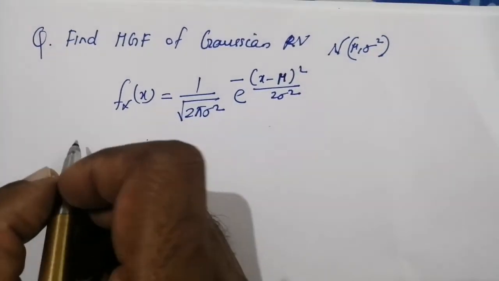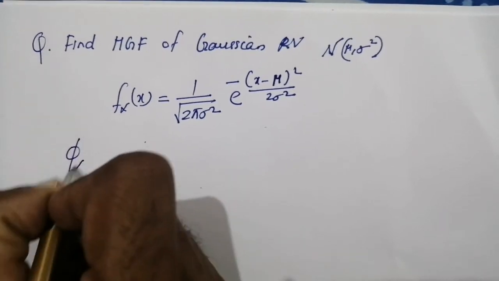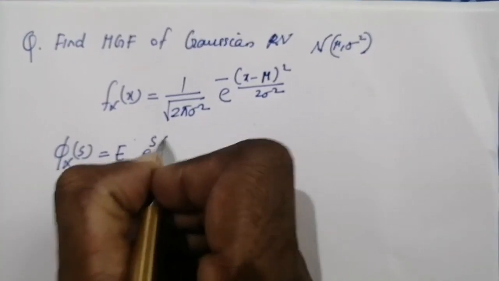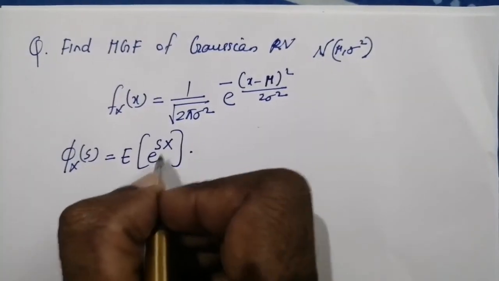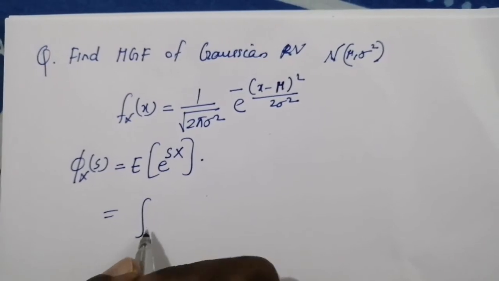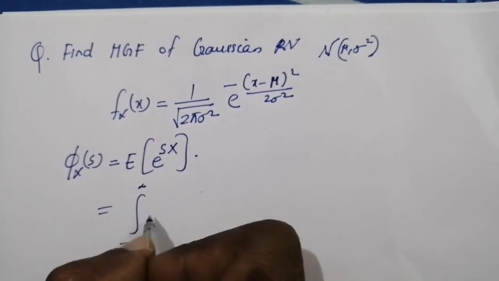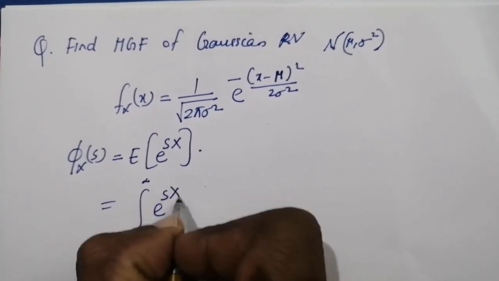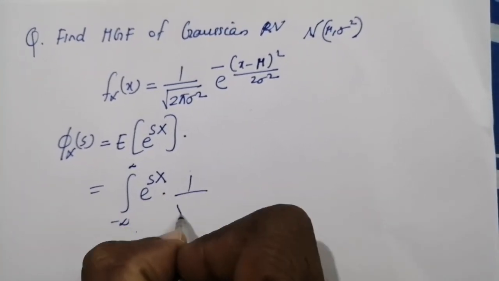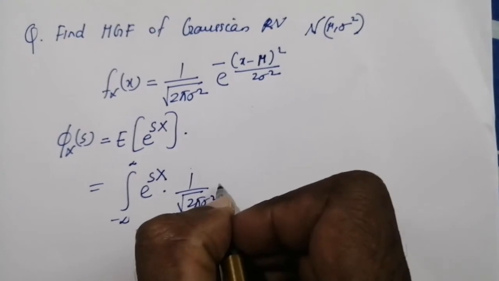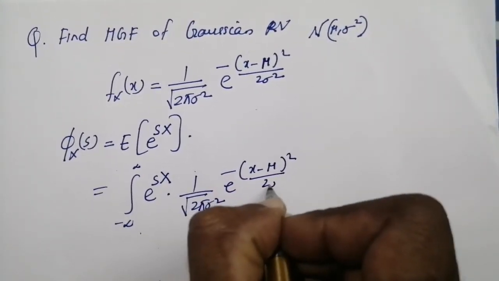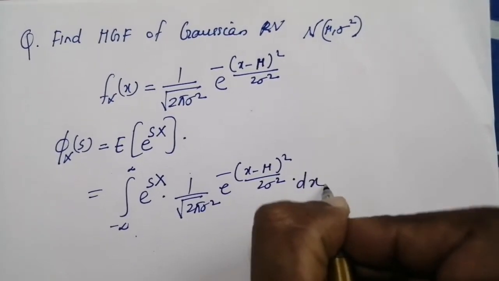We know that the MGF is defined as expectation of e raised to sx, so this will be equal to the integral from minus infinity to plus infinity of e raised to sx into f x of x dx.